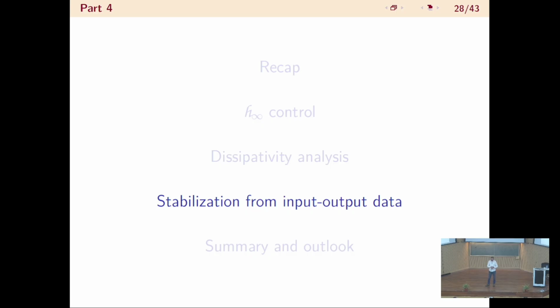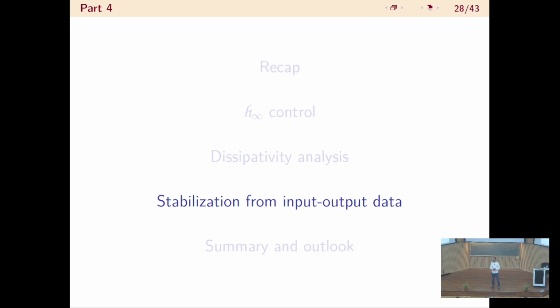Maybe I can explain from my experience why behavioral theory is important. I am supposed to teach mathematics students systems and control theory. These students are not engineering students, so they don't have any engineering kind of intuition. They come to the classroom, they know mathematics, no engineering, and I'm supposed to teach them.